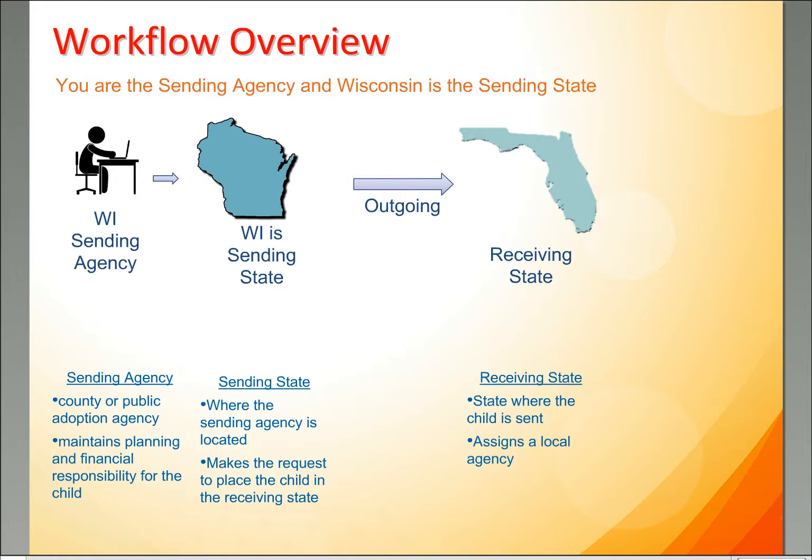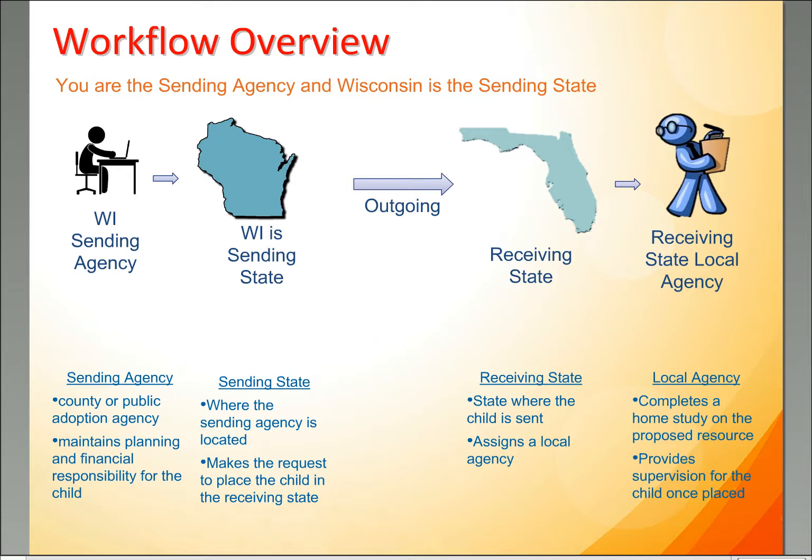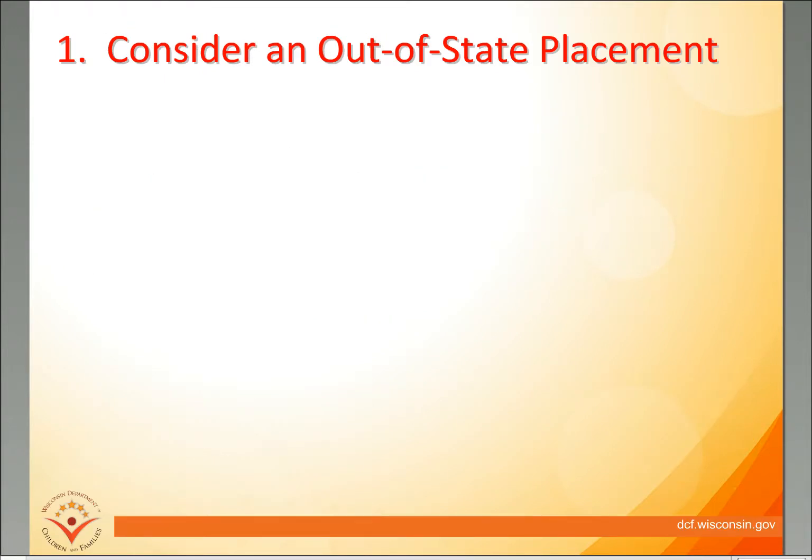The receiving state ICPC office will then assign a local agency in the receiving state to complete the home study on the proposed placement resource. This local agency will then complete the home study and send the results to the receiving state ICPC office, which will send to Wisconsin, and the Wisconsin ICPC office will communicate the results of that study with the sending agency in Wisconsin. So we've reviewed the overall process, and let's begin to go through each step of the process when Wisconsin is the sending state.